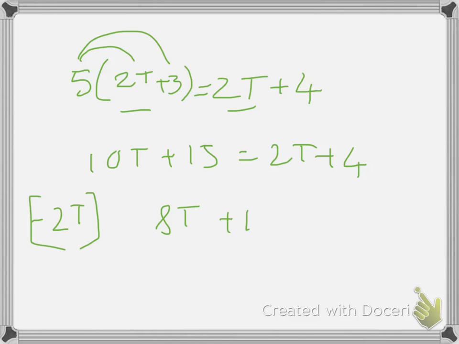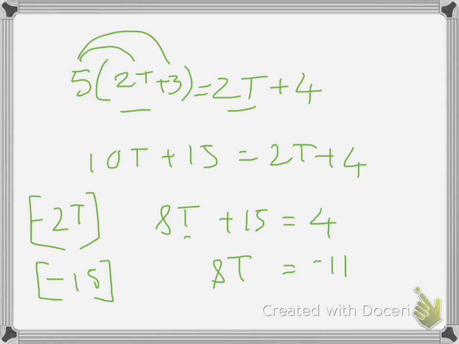I've still got the plus 15, and I've still got the plus 4. I'm now going to take away 15 from both sides to try and move everything away from the t. 4 take away 15 is minus 11.